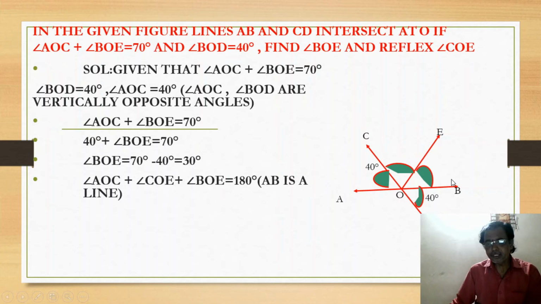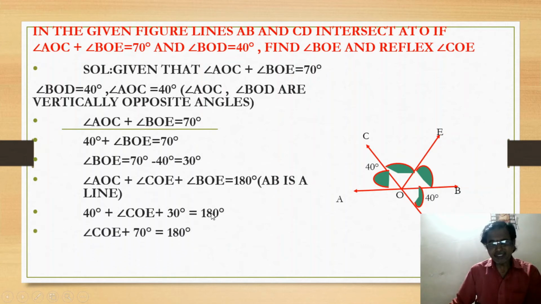Because these three lie on the same line. So now substitute AOC as 40 degrees, COE we need to find, and BOE as 30 degrees. So we get angle COE plus 70 is equal to 180, and the final answer for COE is 180 minus 70, 110.